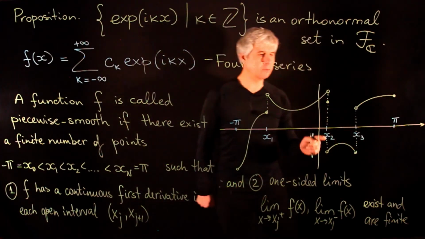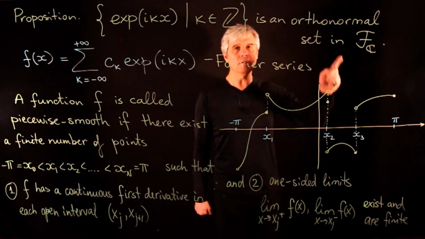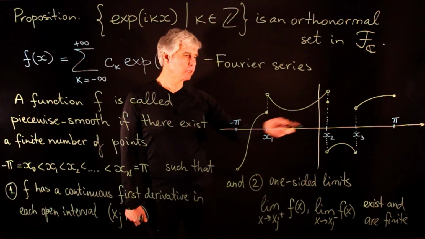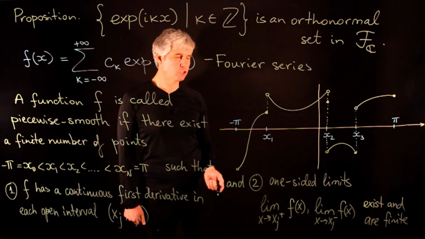So this means that the function is not allowed to go to infinity at these points. Here is a typical graph of a piecewise smooth function.